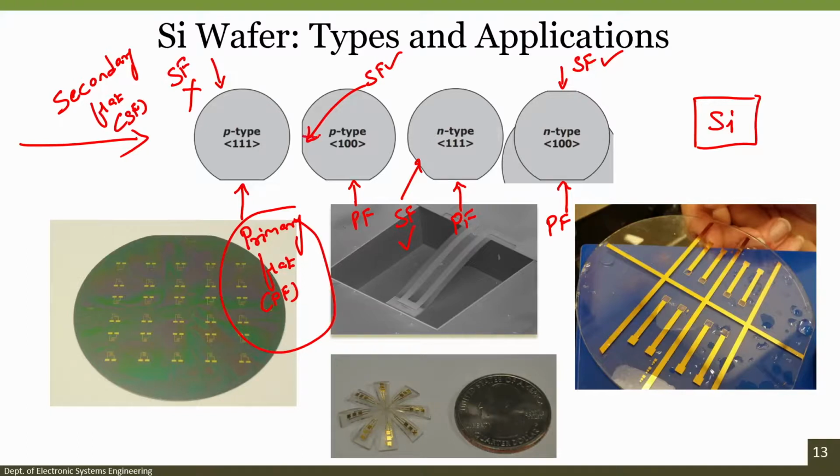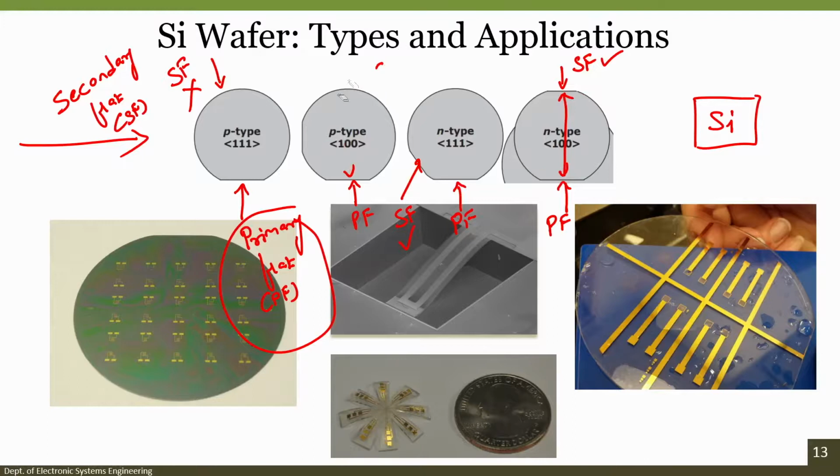See, this is at 90 degree with respect to primary flat, correct. Then if it is n type 111, then the secondary flat will be at 45 degree with respect to the primary flat, and if it is n type 100, then the secondary flat is at 180 degree with respect to the primary flat.